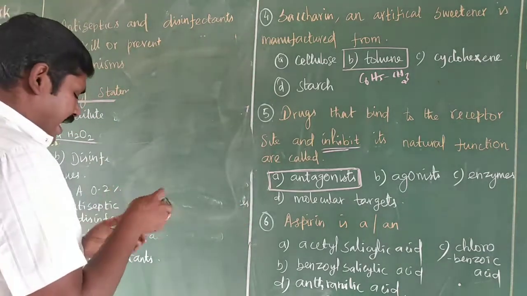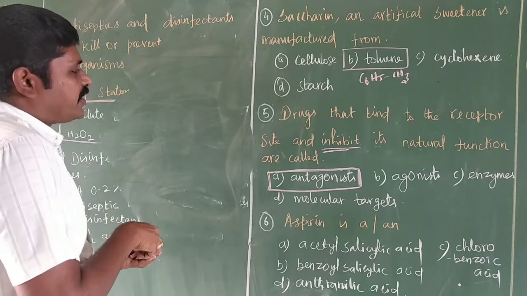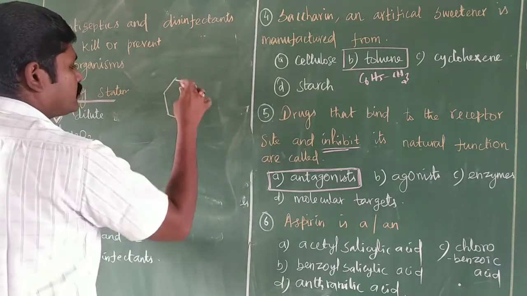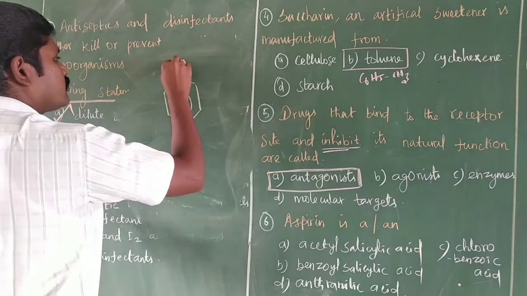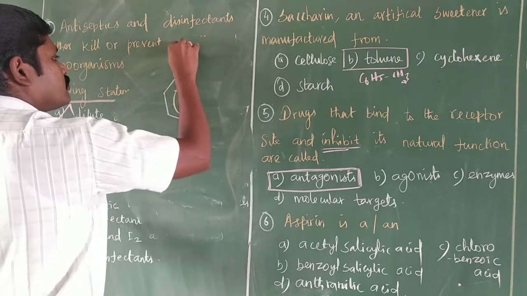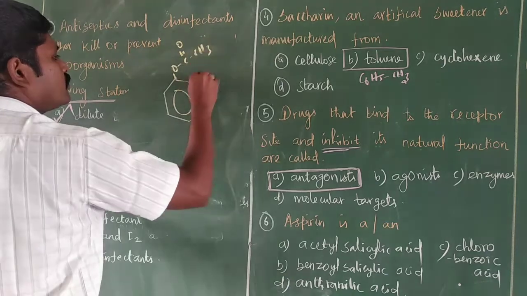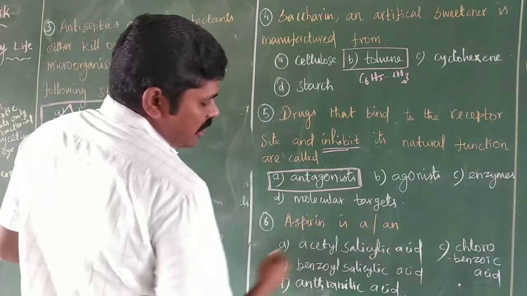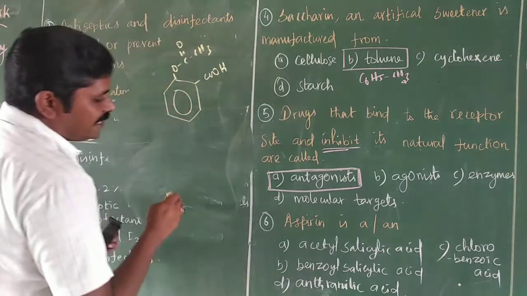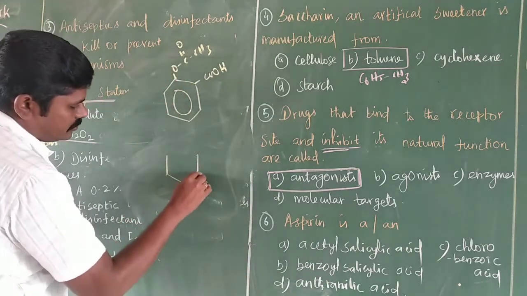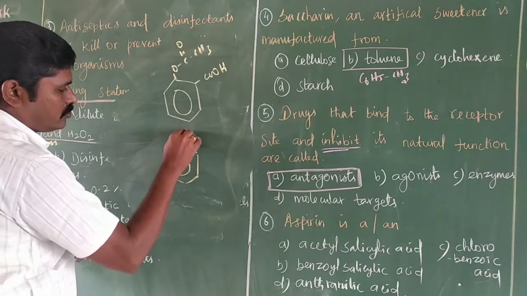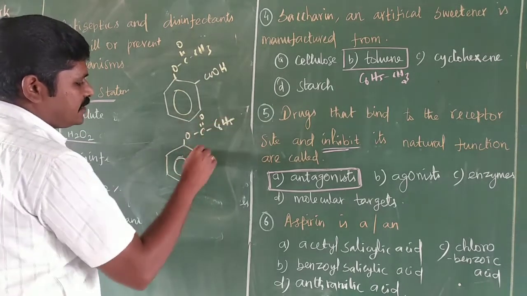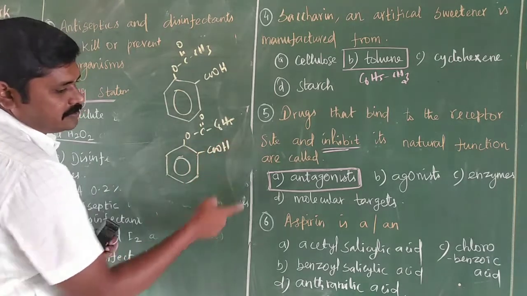The sixth one is, aspirin is acetyl salicylic acid. Okay, the structure of acetyl salicylic acid. Option B, benzoyl salicylic acid.